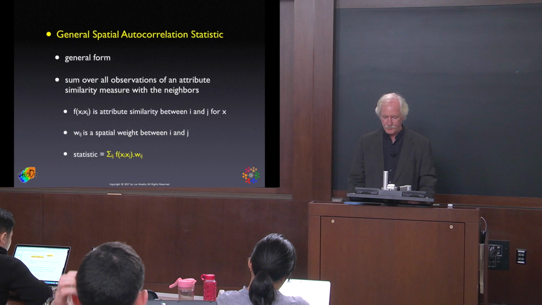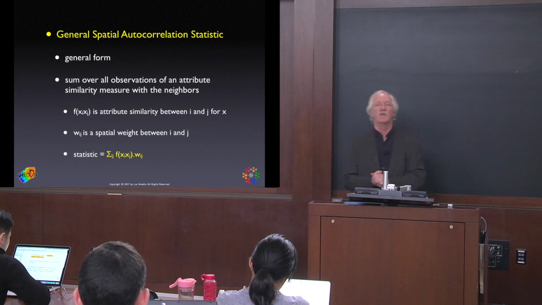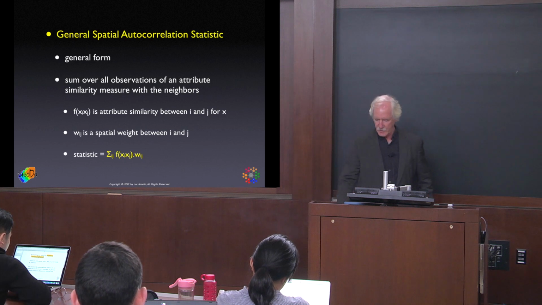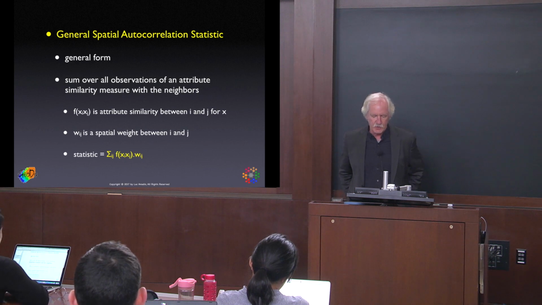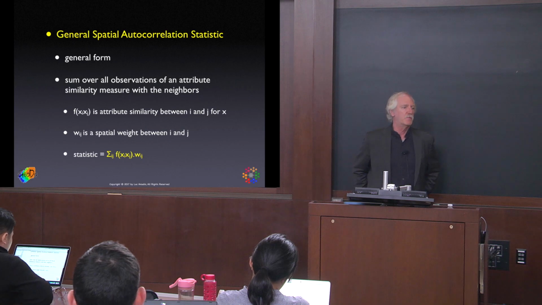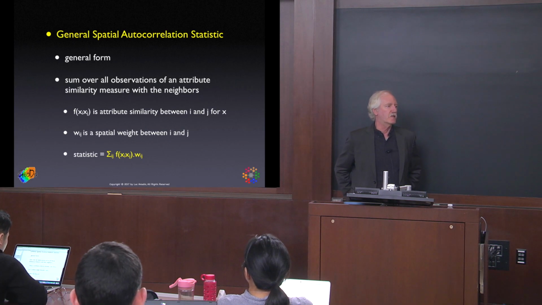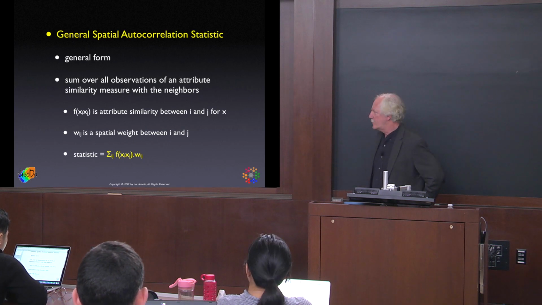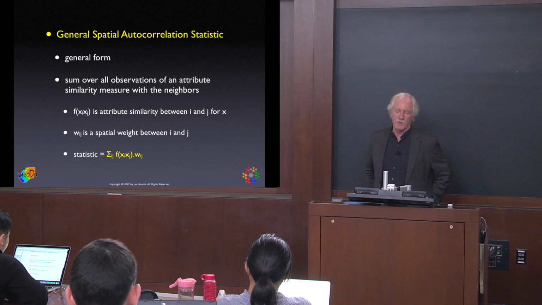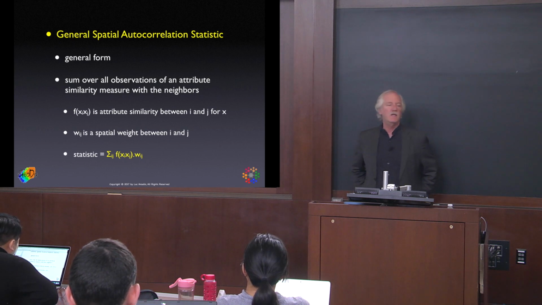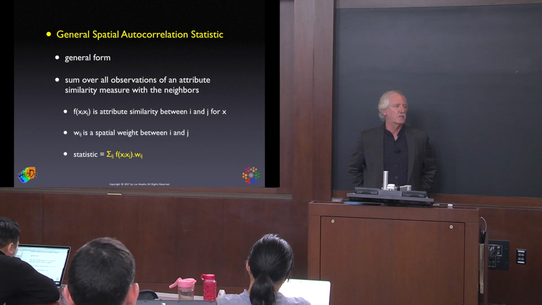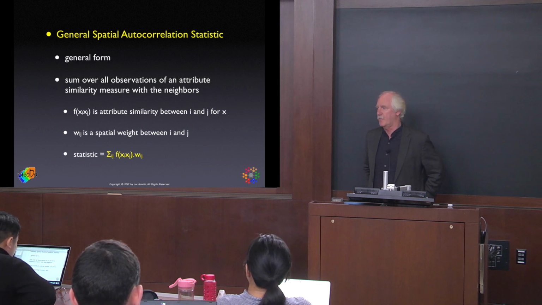So the general form of a spatial autocorrelation statistic is a combination of the attribute similarity and the locational similarity. And it's important that you think of it this way, because there are many different spatial autocorrelation statistics, but in essence, they're all the same.